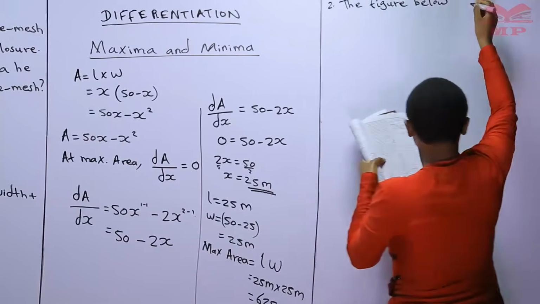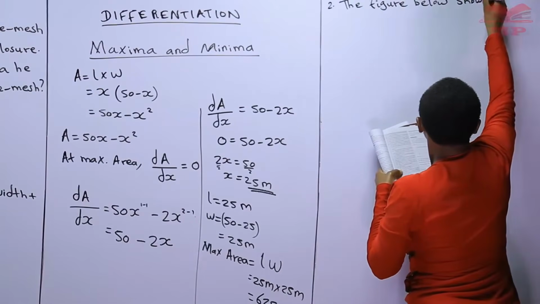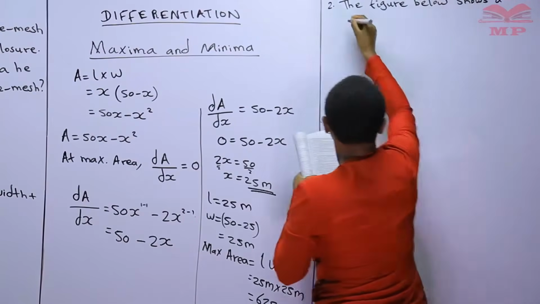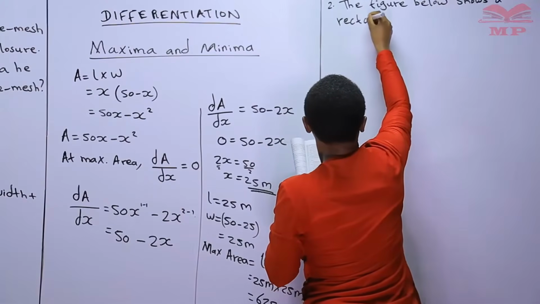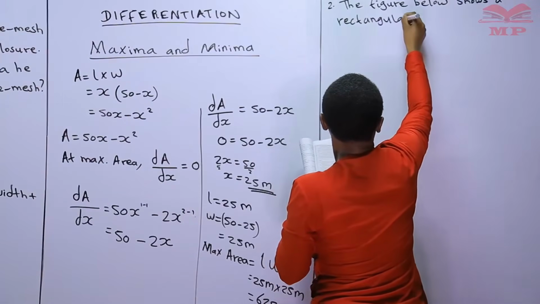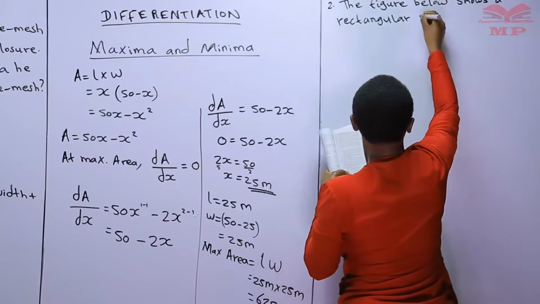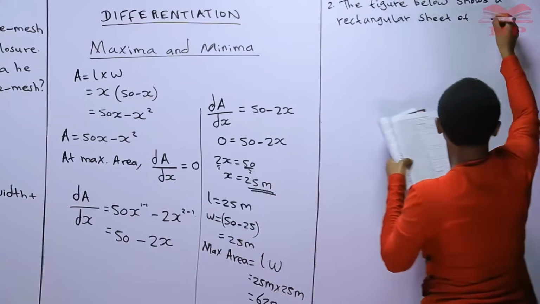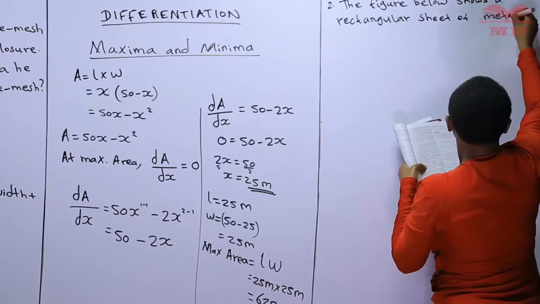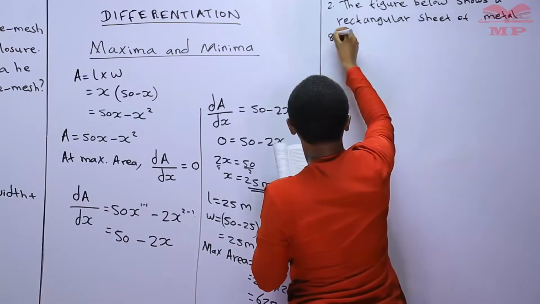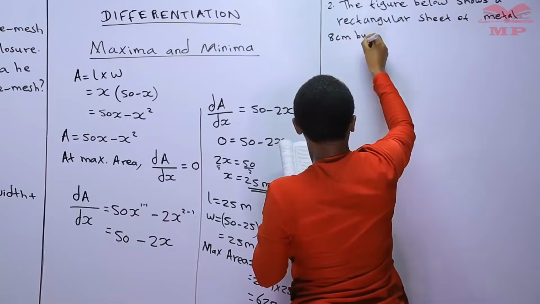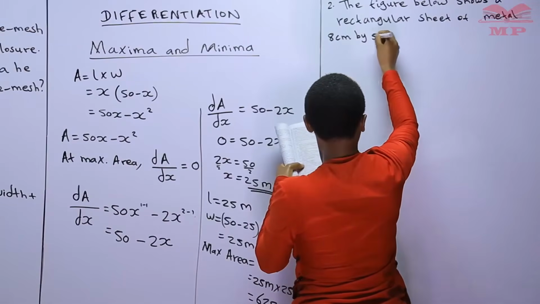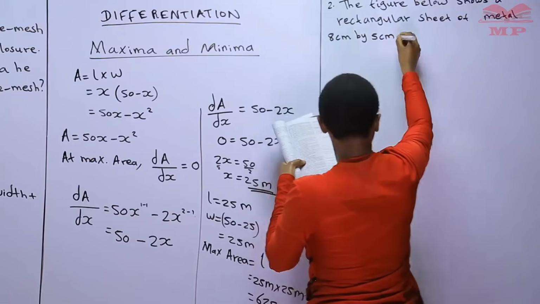The figure below shows a rectangular sheet of metal, and these are the measurements: 8 centimeters by 5 centimeters.